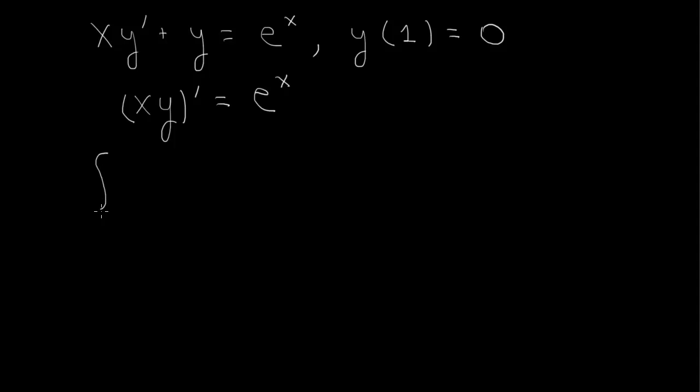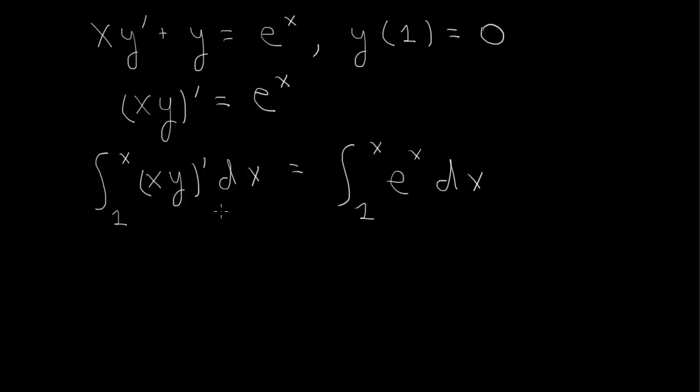So we will integrate from x equal to 1, the starting value of x, up to x of the derivative of this function, (xy)' dx, and that's equal to the integral from 1 to x of e to the x dx. So we can use the fundamental theorem of calculus to integrate this.